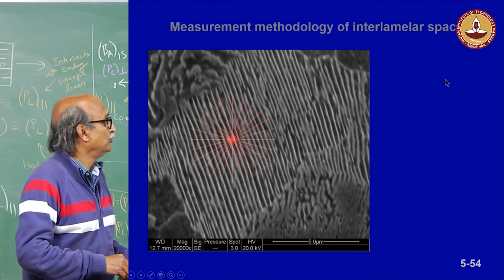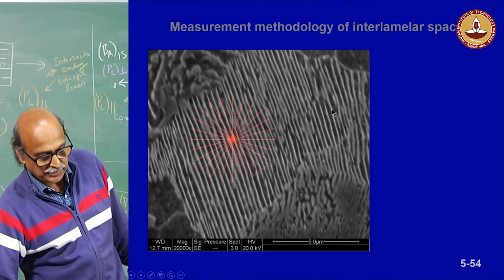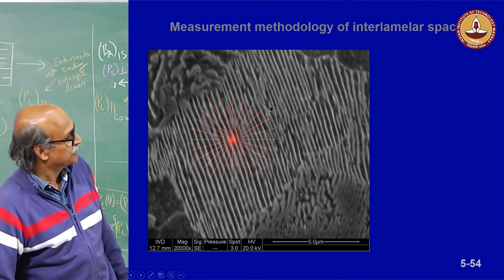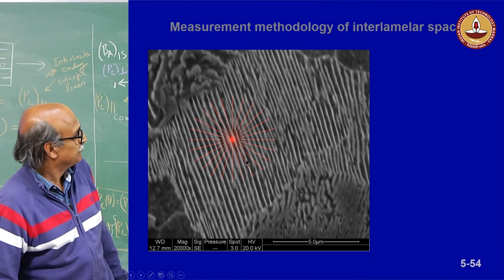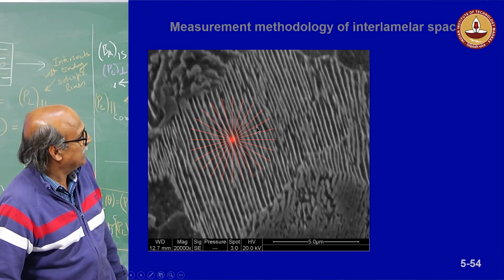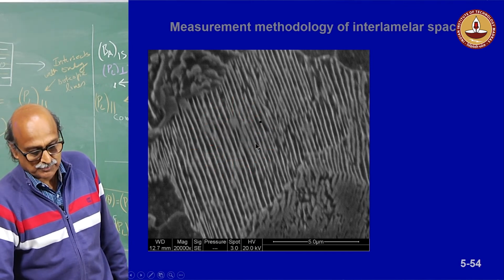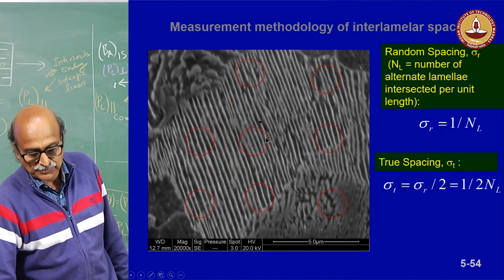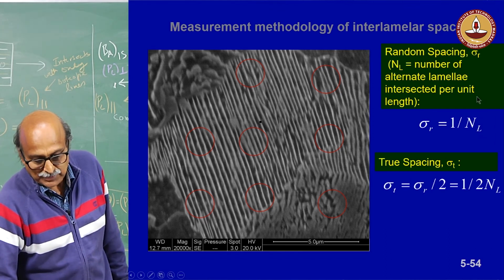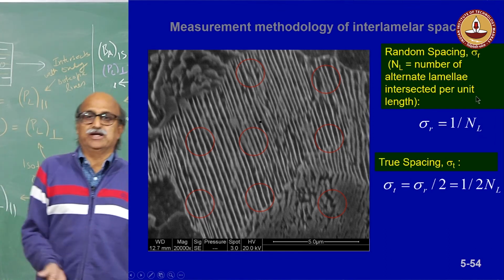So, what you would do, you could put this varying orientation line probe and get an average number of intersections per unit length with alternate lamellae.